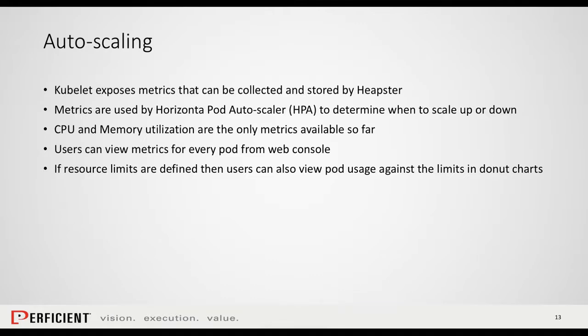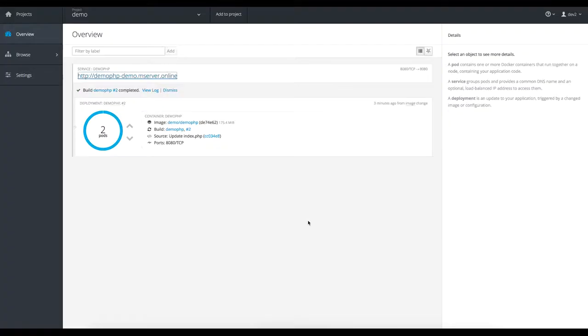So you have to assign resource limits, and the master is smart enough to figure out how many pods and how many containers it can start or terminate based on the resource limits and the scaling configurations you have applied on your application. So currently only CPU and memory utilization are the metrics available for your running applications or for your running containers. Users can view these metrics from the web console and from the command line as well.